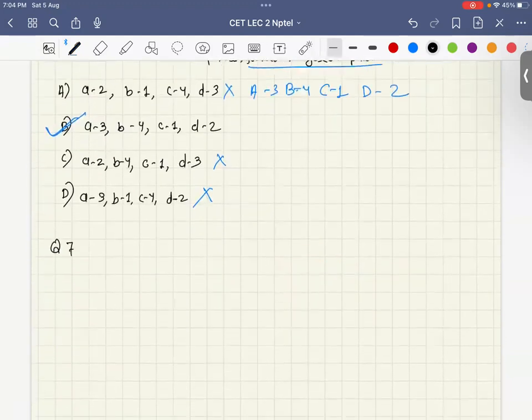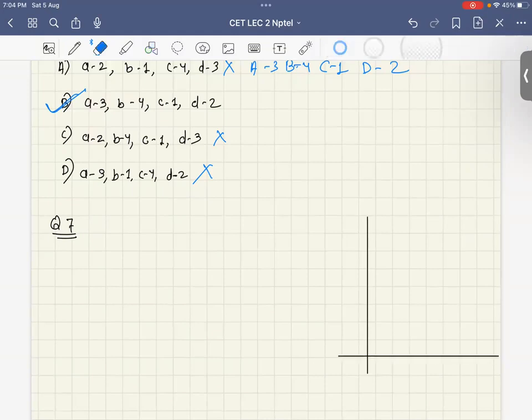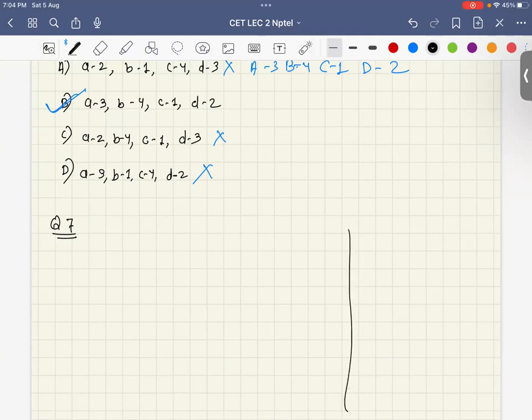Question number 7. Again, we have to match the pair, right? So I'm going to show you a curve. Based on that curve, you have to answer. This is one. So you have here temperature on this axis, this is origin. On this axis, you have entropy, some quantity. Okay, and the curve is like this.